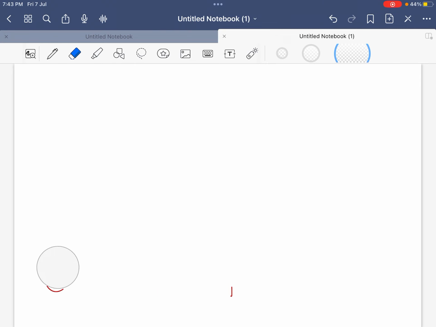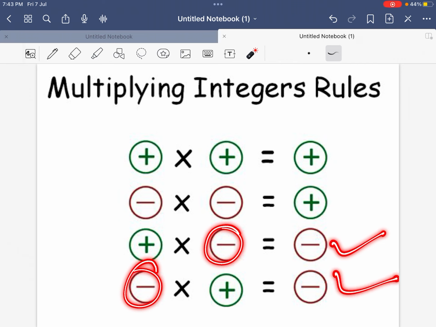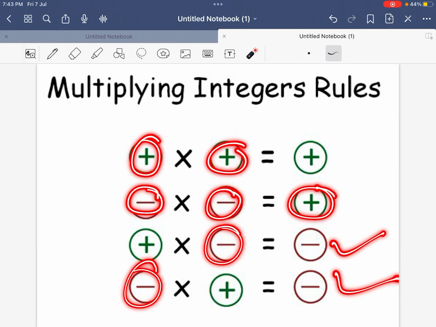So once again we will revise the rules. What are the rules? If any one number is negative, then your answer is negative. If both the signs are negative, then the answer is positive, and if both the numbers are positive, then your answer is also positive.